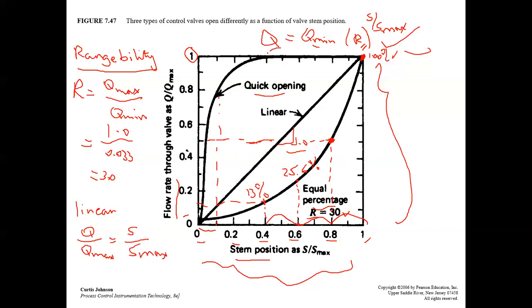This formula you can use to find the flow at any stem position. This is for equal percentage; for linear, it is this. For quick opening, we don't have a formula, but we only need to know its behavior.